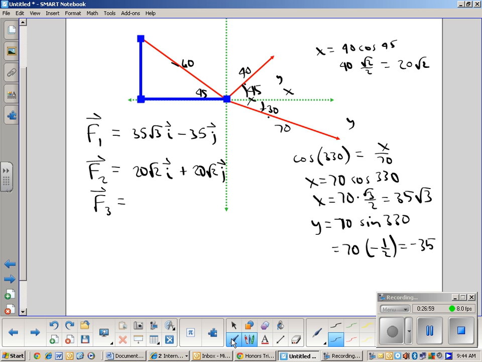Yeah, you just divide 60 by 2. So it's going to be x equals 60 times square root of 2 over 2, which is 30 square roots of 2. Okay, and I agree with that. For both. So this would be 30 square root of 2 i plus 30 square root of 2 j.